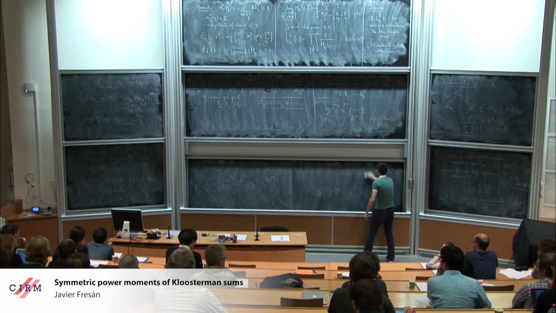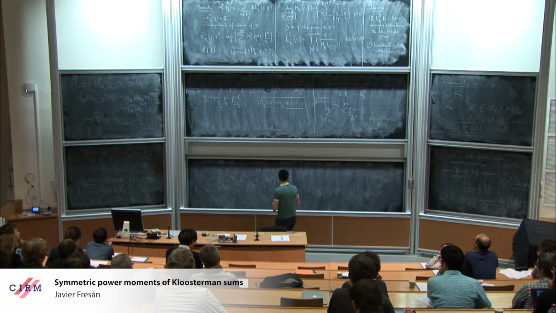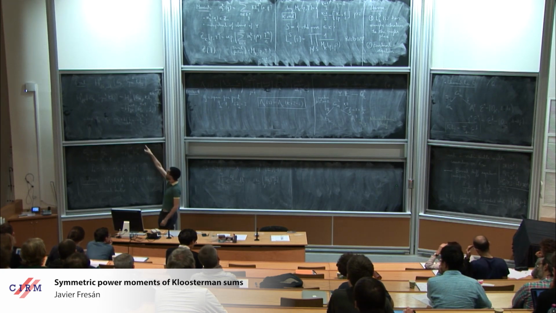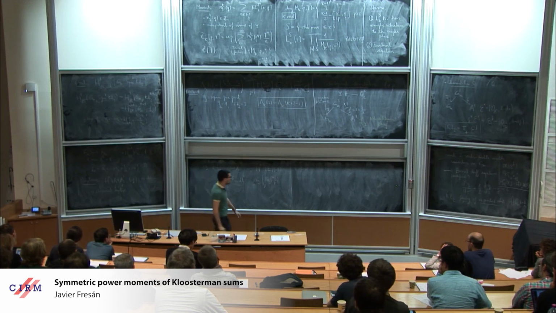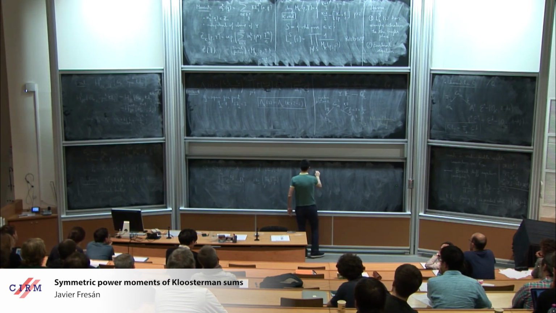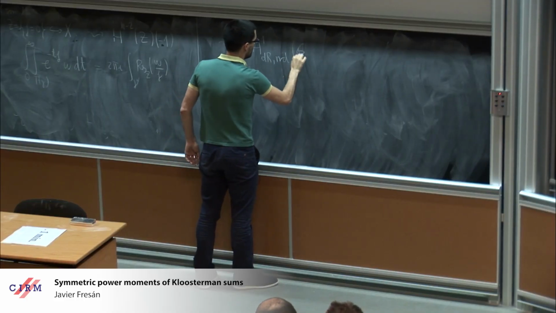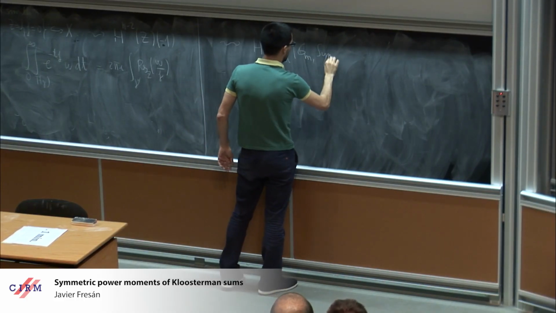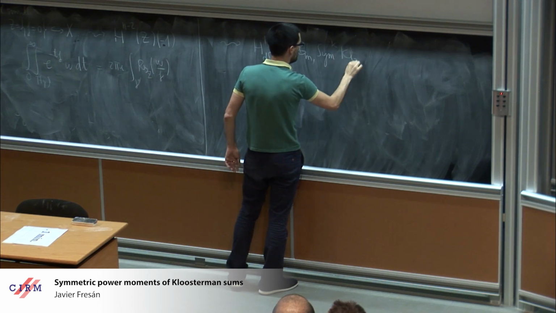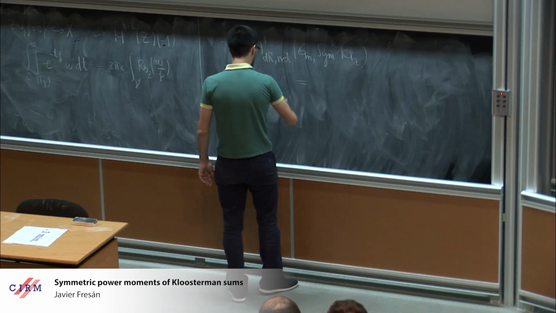But at the end, if you work this a little bit, what you find is that this, the rank homology from the middle extension, is actually isomorphic to the following thing.